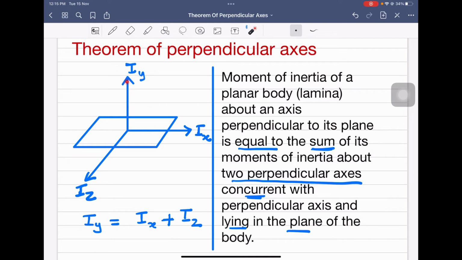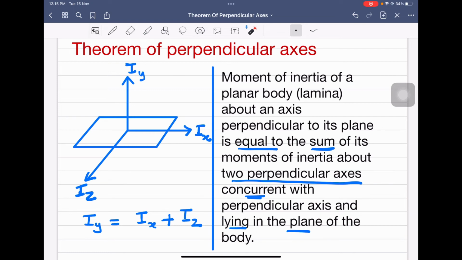And its moment of inertia is equal to the sum of moments of inertia of two mutually perpendicular axes, and they should be lying in the plane of the body, and they should be concurrent with the perpendicular axis. So this is the theorem of perpendicular axis.